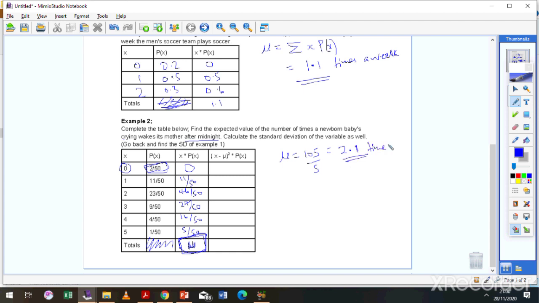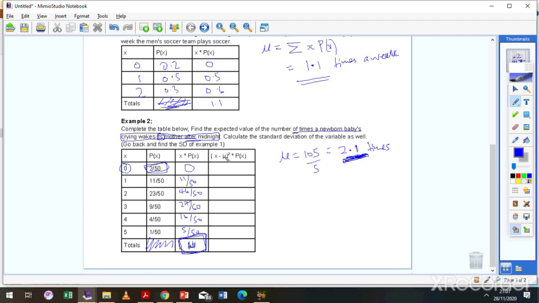What this expected value means is that a newborn baby is expected to cry and wake up his or her mother 2.1 times a week. That is very true, because our baby does wake us up at least those times or more. So this is how many times the baby is expected to wake its mother and father.